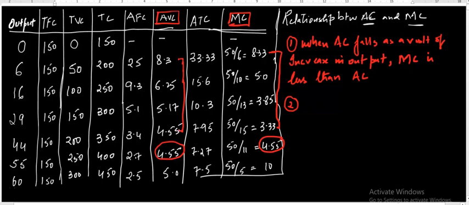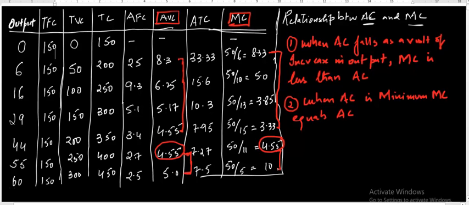So the second relationship that I can say is that when average cost is minimum, marginal cost equals average cost.